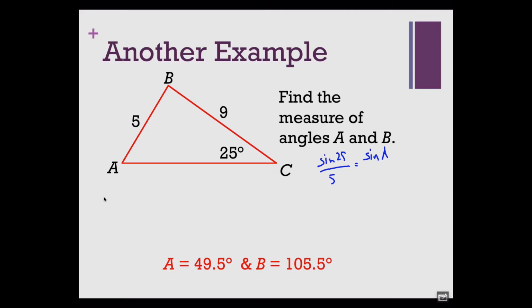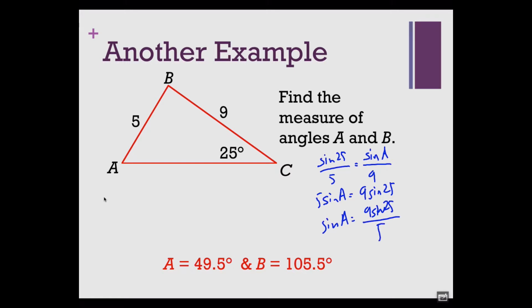Over 9. Okay, so there's the setup. No inverse yet. Cross multiply. 5 times the sine of angle A is equal to 9 times the sine of 25. And again, remember I'm putting the numbers out in front so they don't get confused in there with the sine. Divide by 5, and I get the sine of A is equal to 9 times the sine of 25 divided by 5.